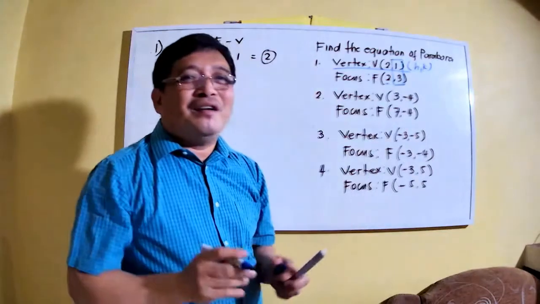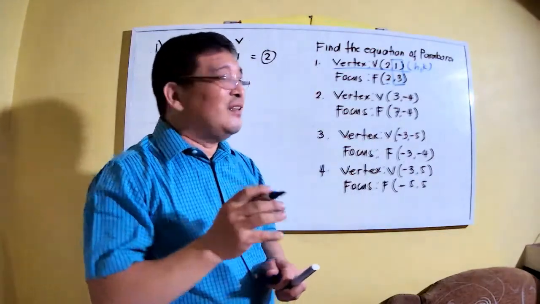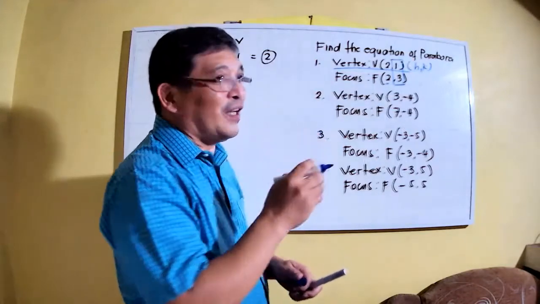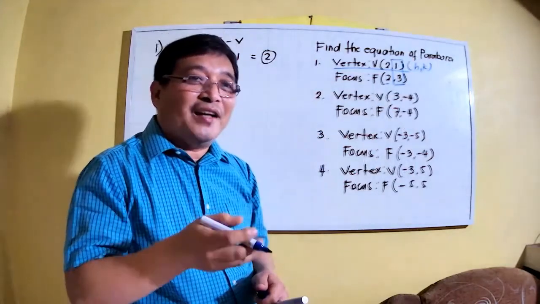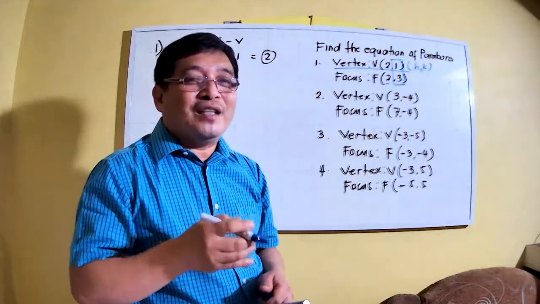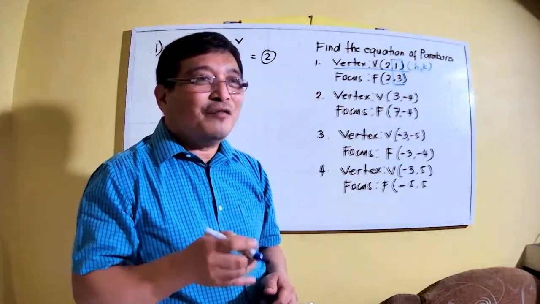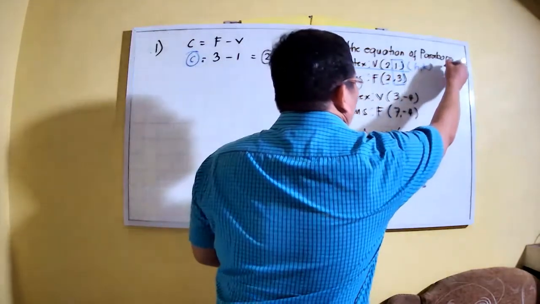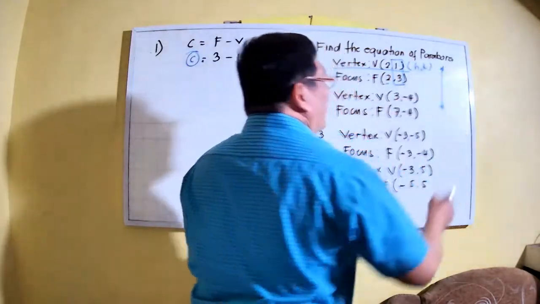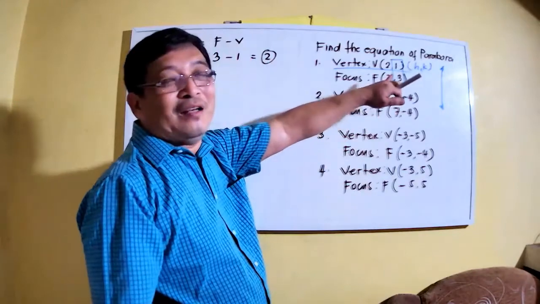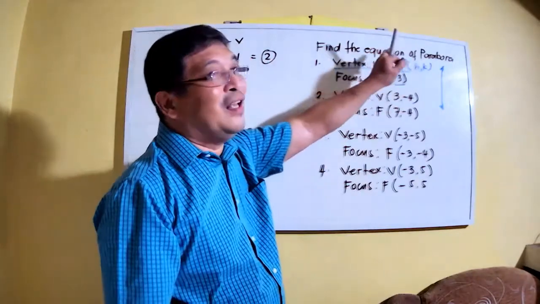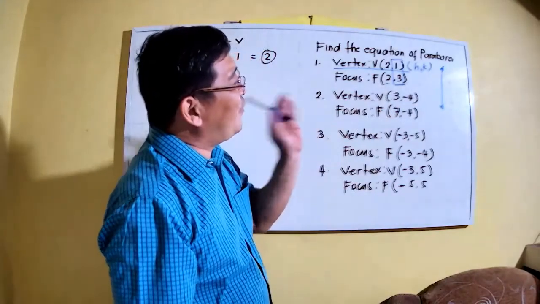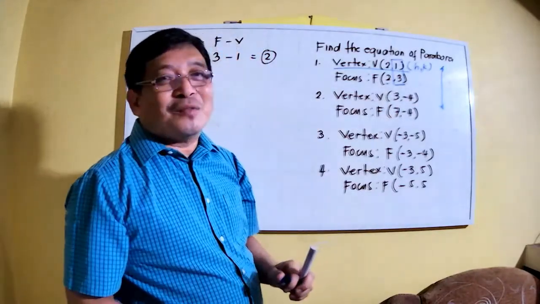So therefore, there is a movement that it intersects the focus and vertex. What do you mean by that? The line that intersects the focus and vertex is the axis of symmetry. Therefore, the axis of symmetry is a vertical line in this given because there is a movement at y coordinates. Then, if this is a vertical line, what will be the axis of symmetry?